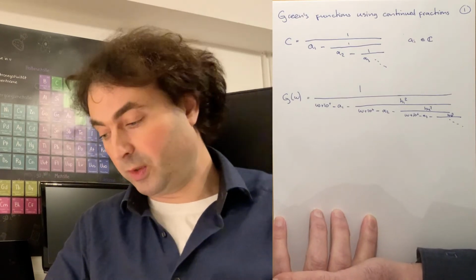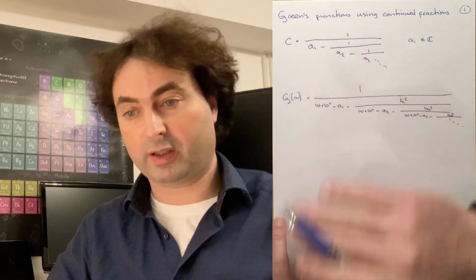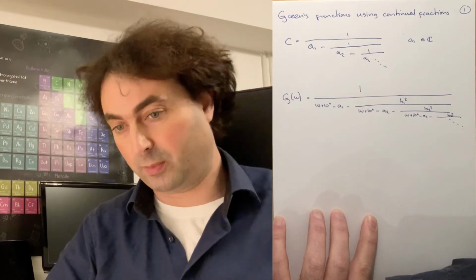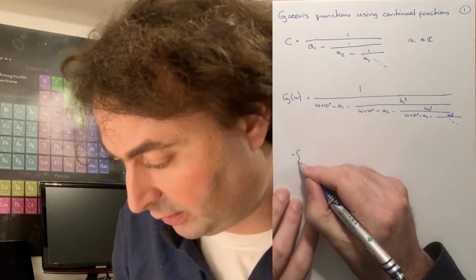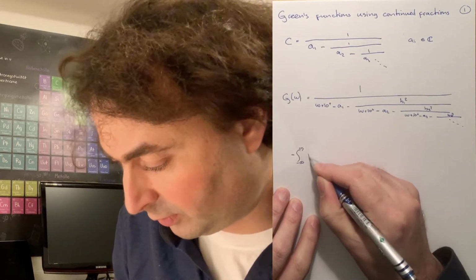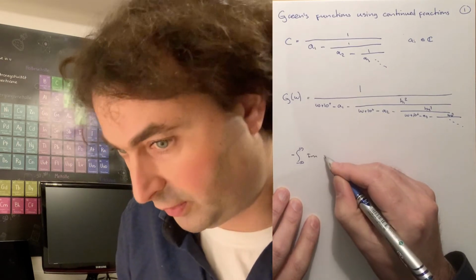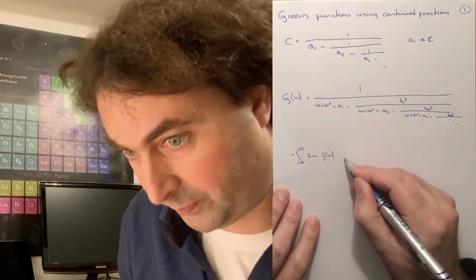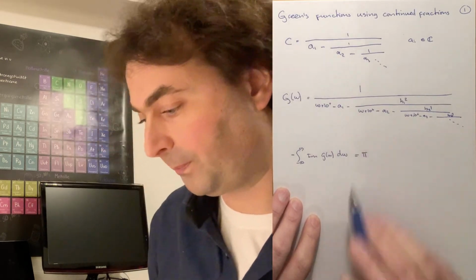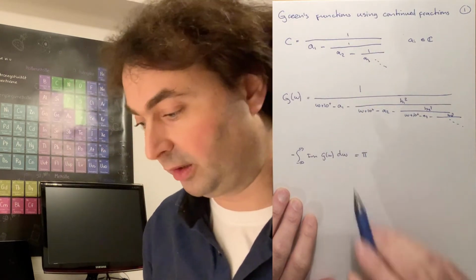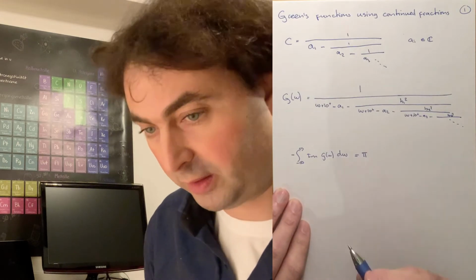Any Green's function can be expressed in this form, or better said, any physical Green's function. We know that the integral of the imaginary part of our Green's function is equal to pi, and that's exactly the case here, whatever parameters you take.